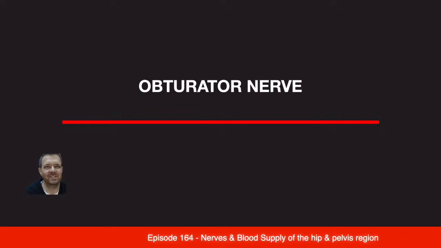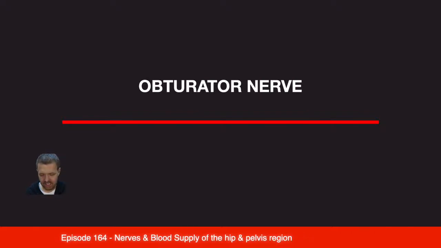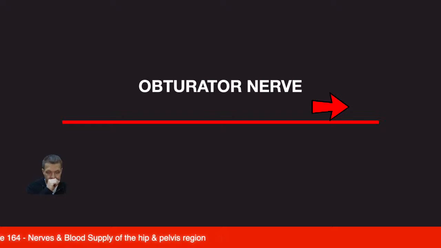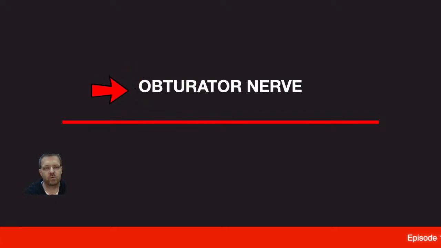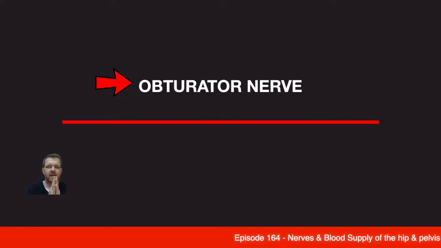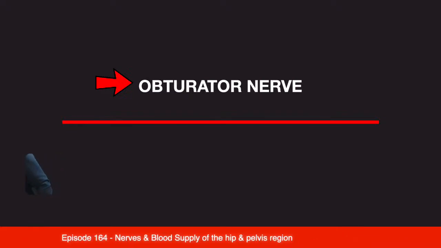Okay, so obturator then. Let's get going. We did a bit of an intro in the last broadcast. Obturator means to close, and there's an area of your pelvis, let me just grab the spine. Hold on.